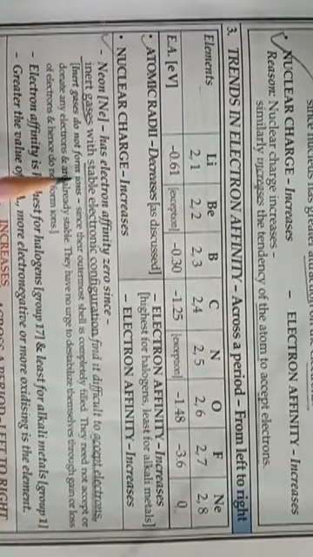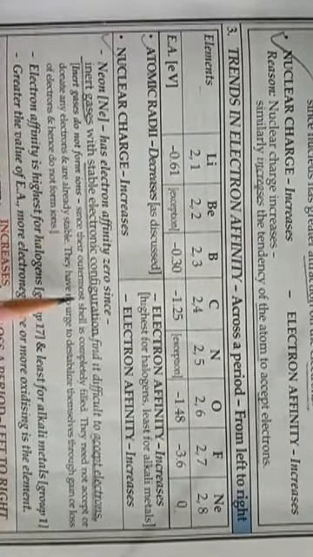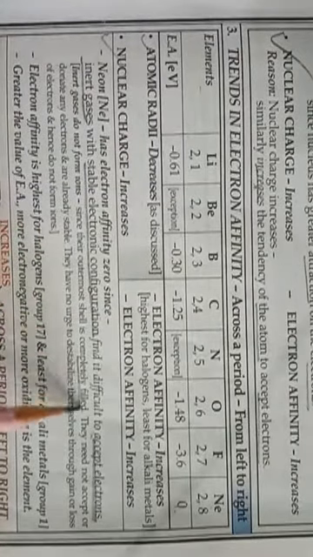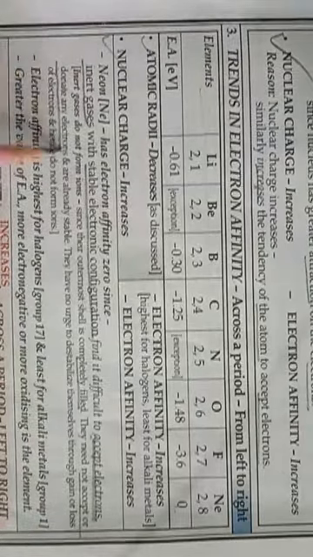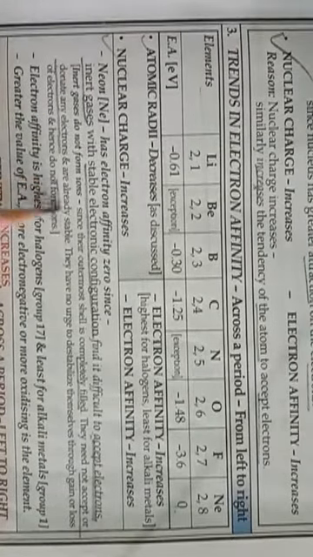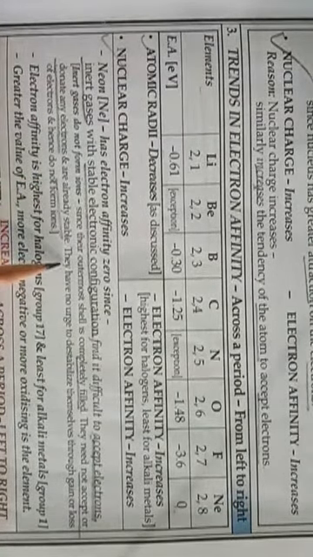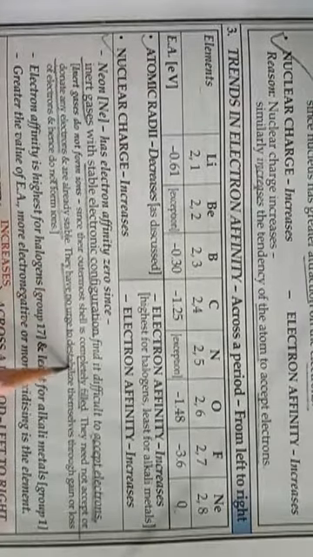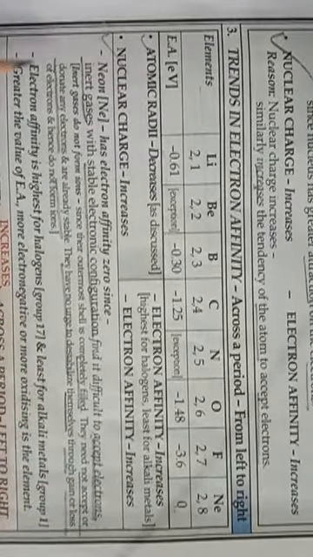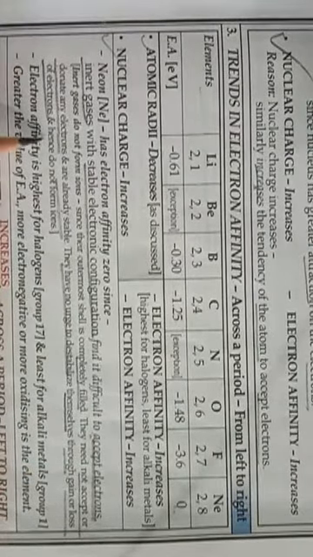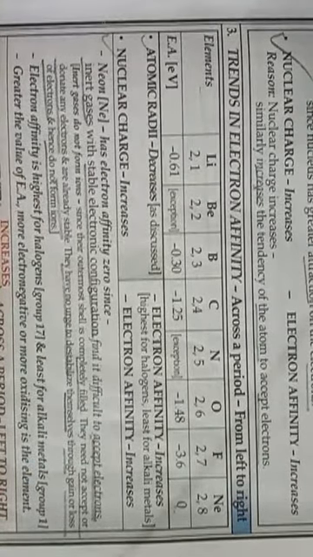Inert gases do not form ions, since their outermost shell is completely filled. They need not accept or donate any electrons and are already stable. They have no urge to destabilize themselves through gain or loss of electrons, and hence do not form ions.